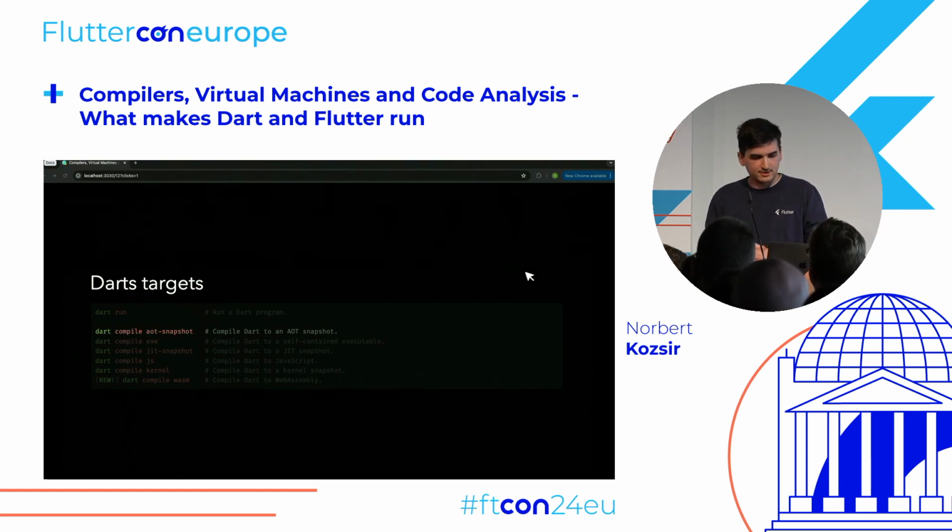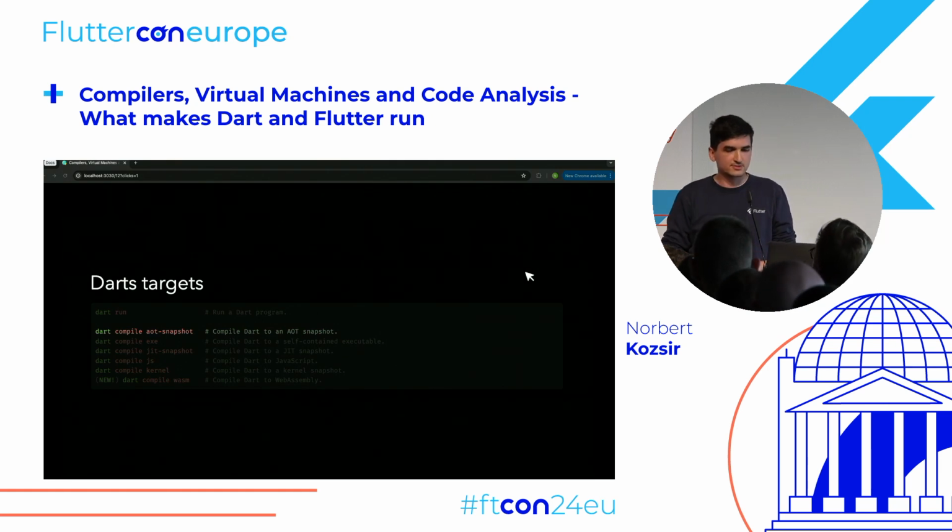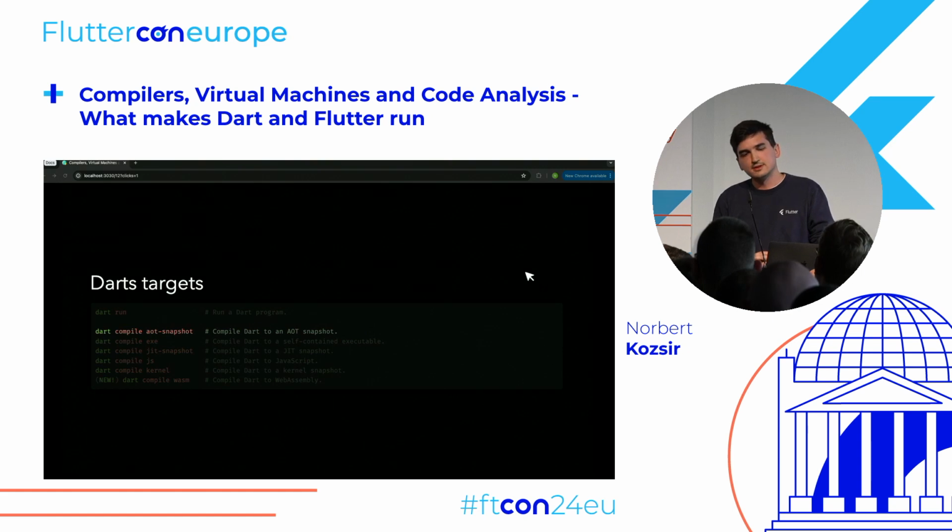Then we also have the Dart compiler AOT snapshot, which, as I mentioned before, compiles ahead of time to raw machine code. The difference to something like dart compile exe is that it compiles without the Dart runtime. It just compiles your code. So this standalone code cannot be executed because there are parts missing, most importantly the garbage collector.